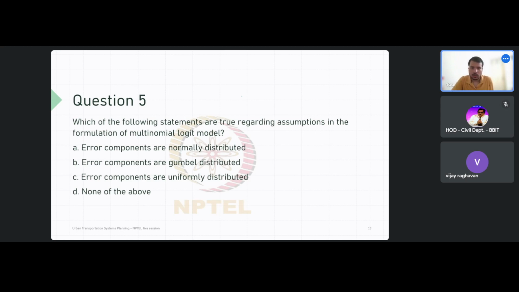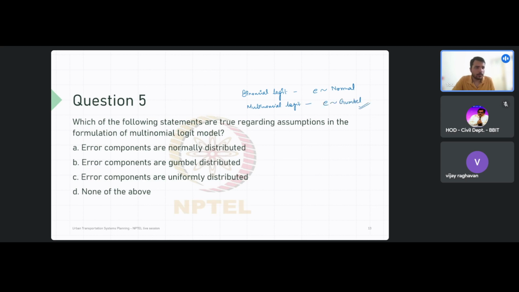Yeah, so if we talk about binomial logit, there the error term will have a normal distribution. If we discuss the multinomial logit model, here the error term will have a Gumbel distribution.